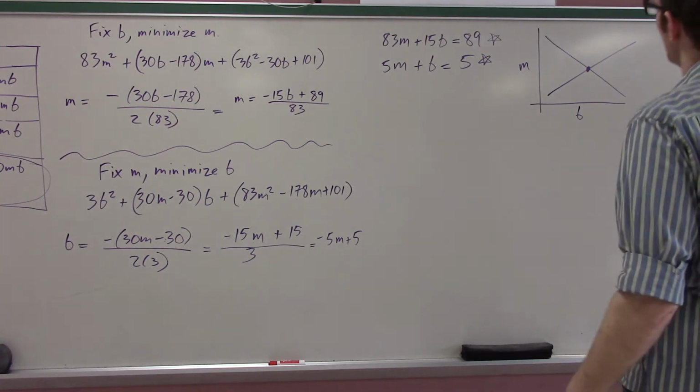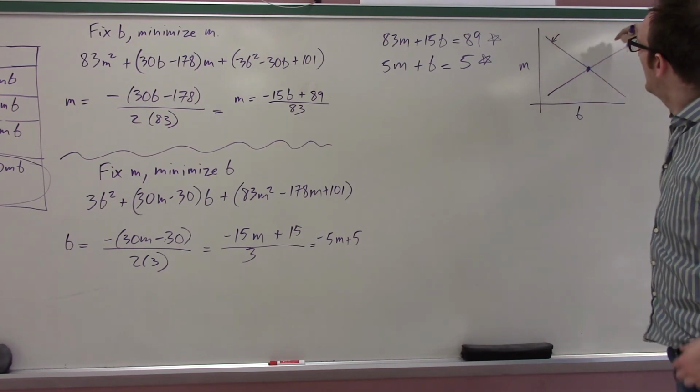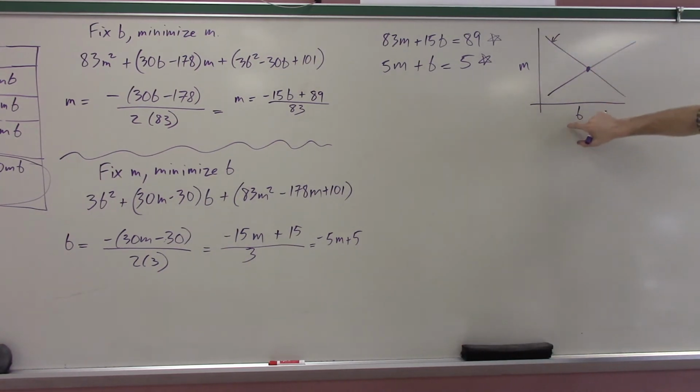In fact, maybe even a better way to think about it is, for any given b, this first line gives you the best m. So the absolute ordered pair, which is best, must lie somewhere on this line.